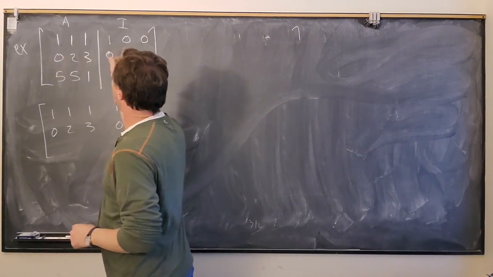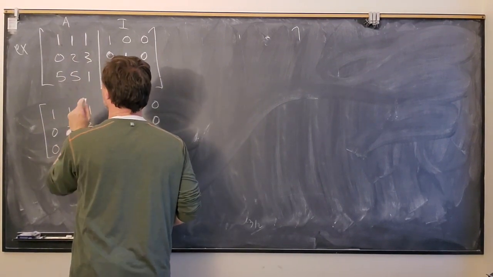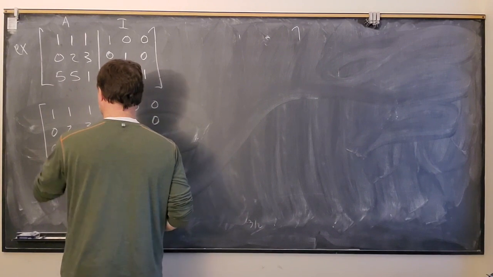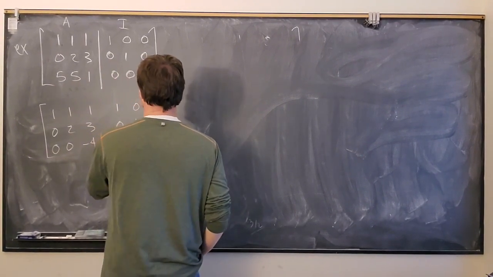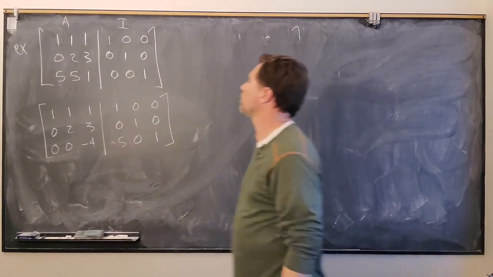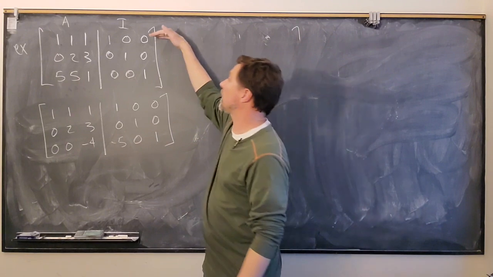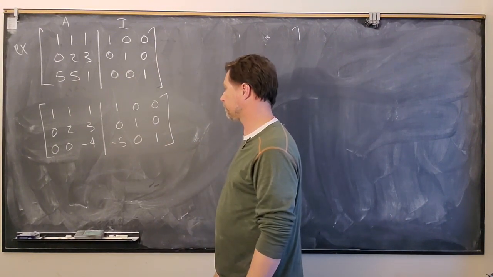Okay, so -5 gives me 0, 0, -5 plus 1 gives me a -4 there, -5 there, 0, 1. So I did -5 times the top row, added that to the bottom row, and there's the result.